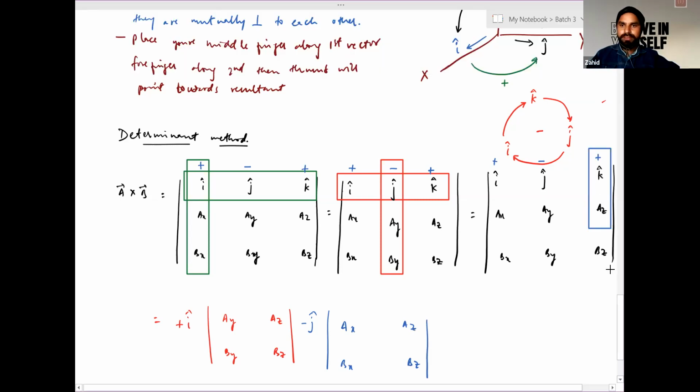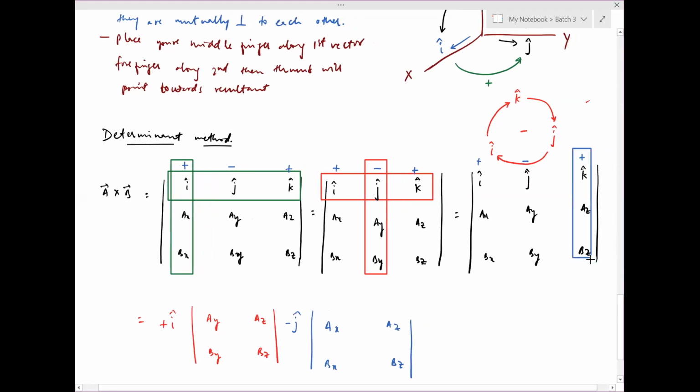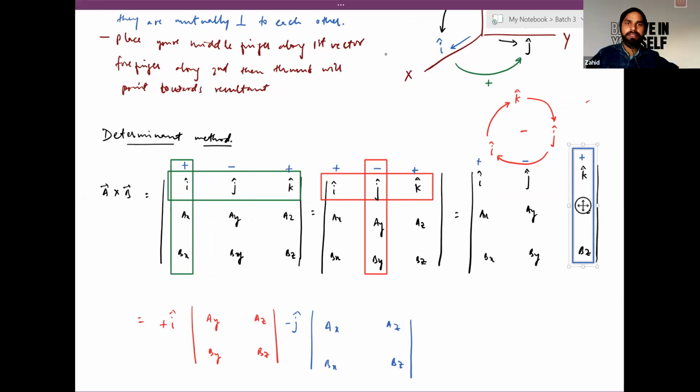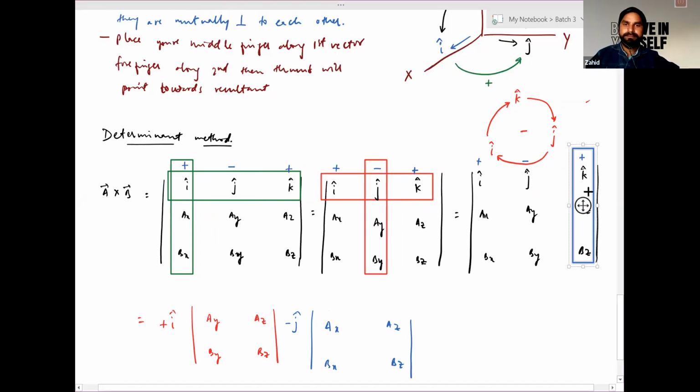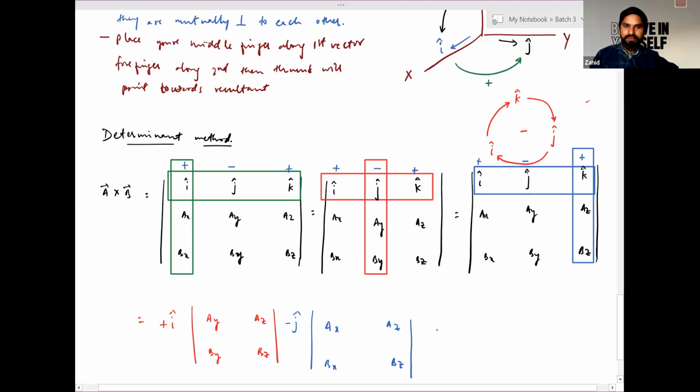just draw a vertical line to this, and a horizontal line to this. You will get plus of K cap times AX, AY and BX, BY mod.